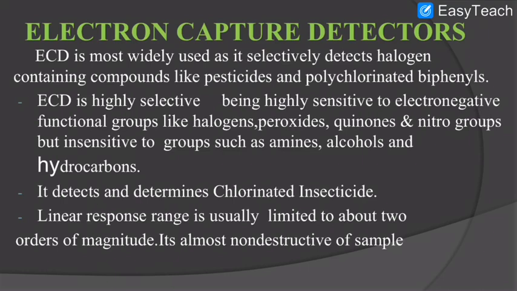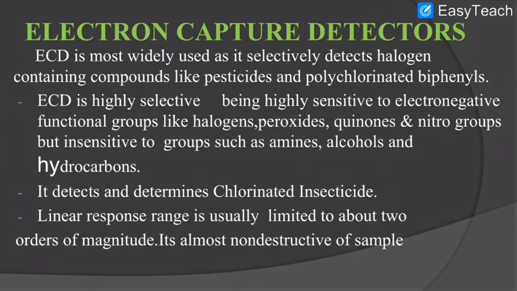The next detector is the electron capture detector. This is basically used to determine halogen containing compounds and also compounds which have electronegative elements. ECD is widely used as it selectively detects halogen containing compounds like pesticides and polychlorinated biphenyls.